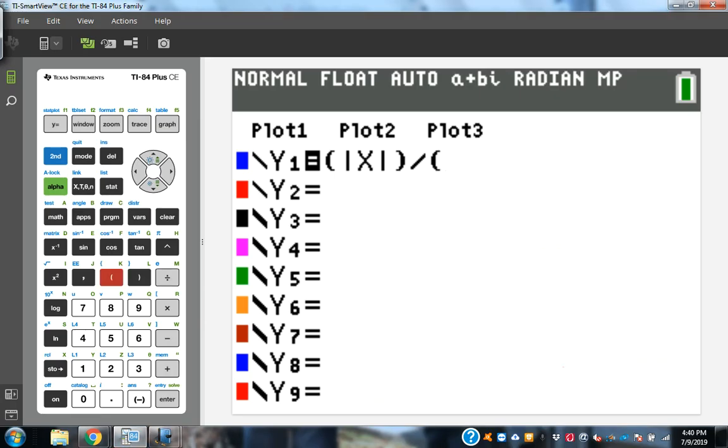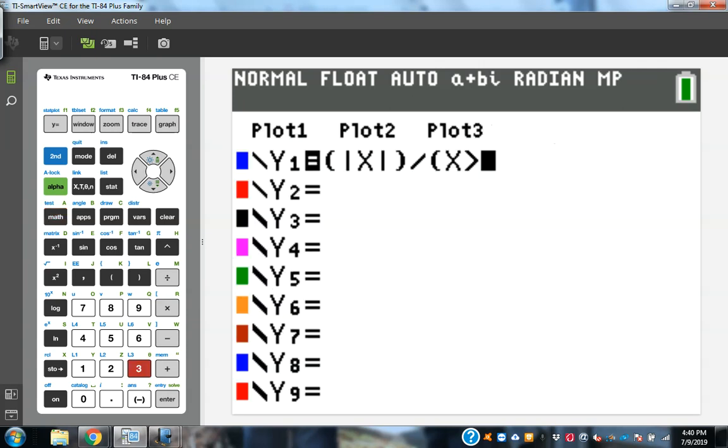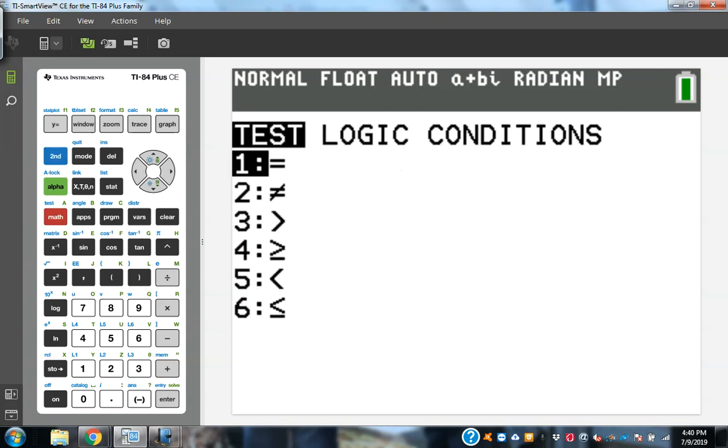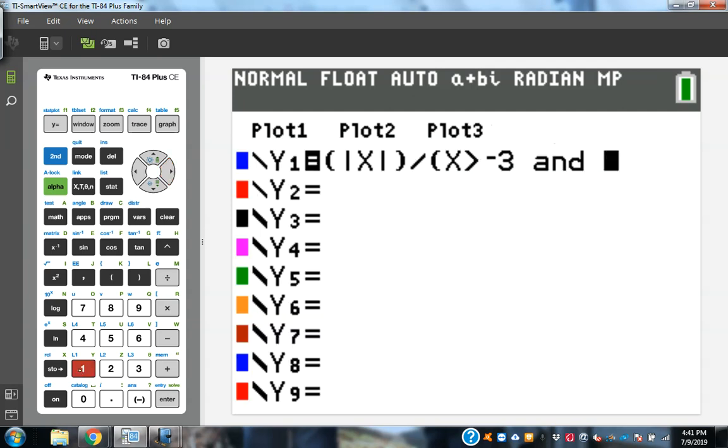So I'm going to put parentheses after the division symbol, and I've got to type in those two inequalities. I've got x, second math, is greater than -3. And then I've got to use the word and. To get that on the calculator, you hit second math, go over to logic, and and is the first option.